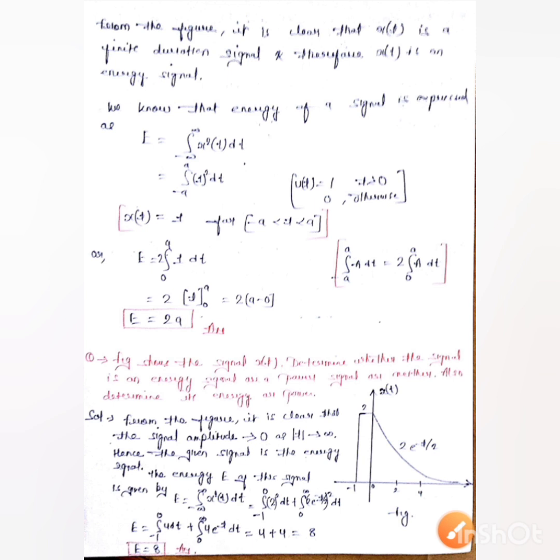After solving the integration we get 4 plus 4, which is 8, a simple finite value. Hence the given signal, which is this figure, is an energy signal because it is time limited. Hence the given particular figure is an energy signal.